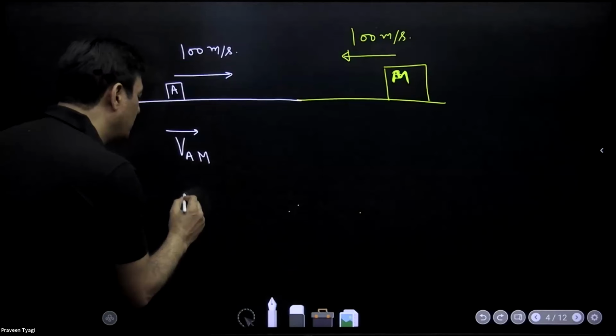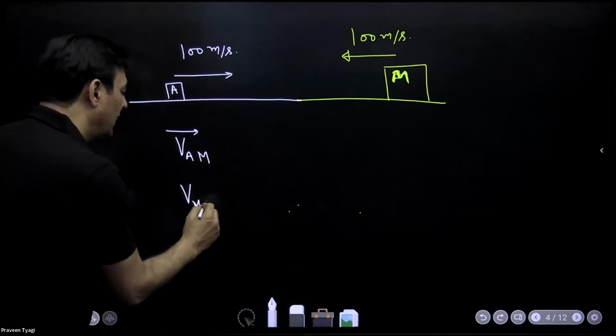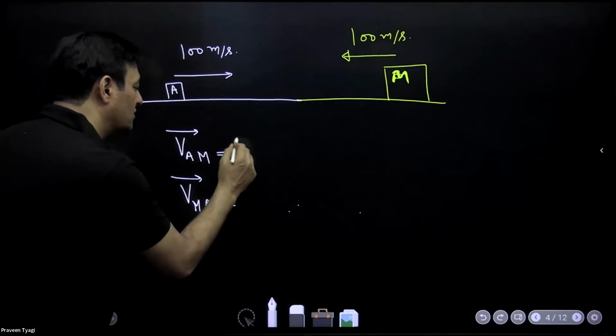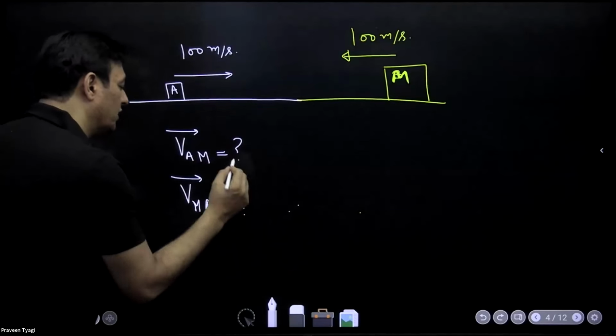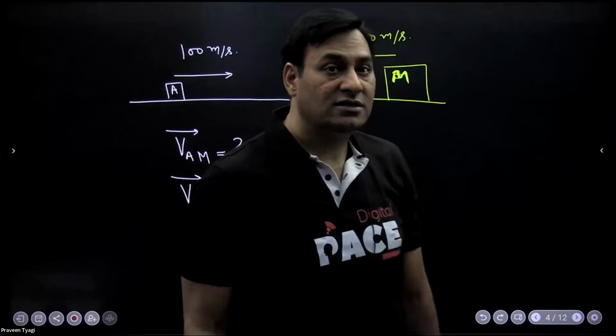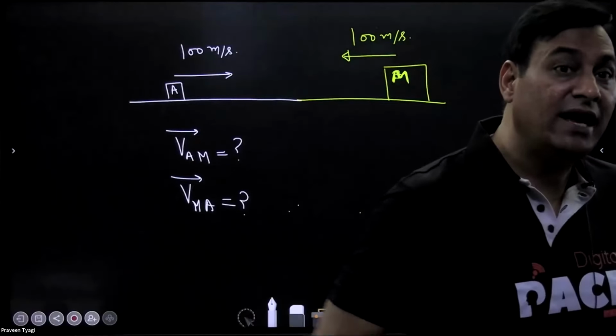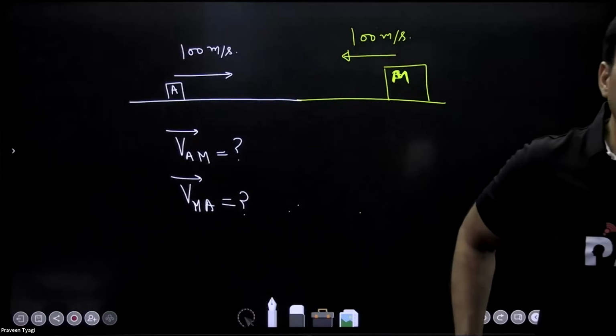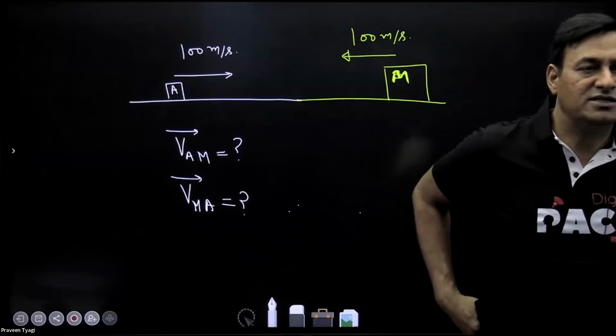What will be the velocity of Minasri as observed by A? You have to tell me these answers. First I want to make you make mistakes, trying yourself. Then I'll teach you the right method to do it. And then we'll keep increasing. Every question will keep mesmerizing you.